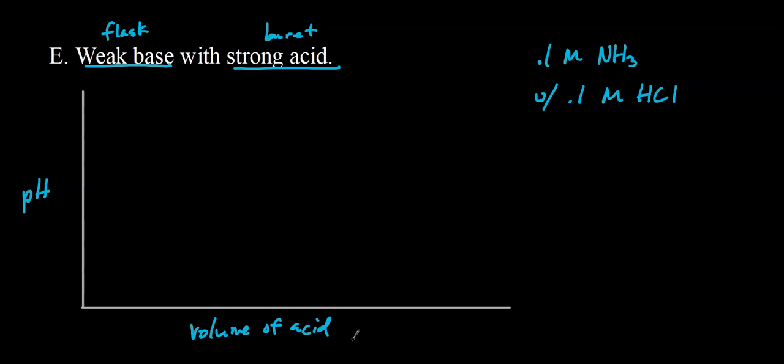We have 0.1 molar ammonia, which is a weak base. Ammonia has a Kb of 1.8 times 10 to the negative fifth. Now you may recognize that number happens to be the same number as the Ka of acetic acid, so that may help you with your calculation. So go ahead and pause the video and calculate the pH of the solution before any acid has been added.